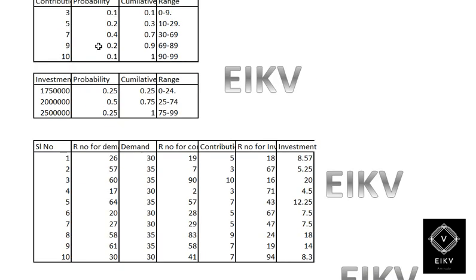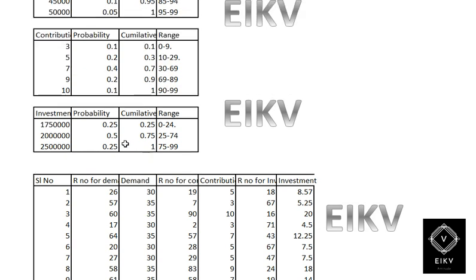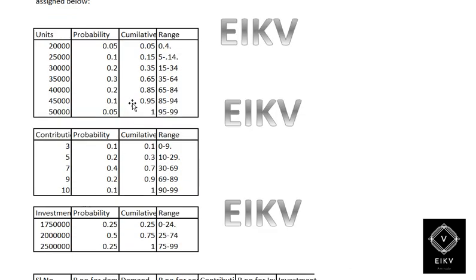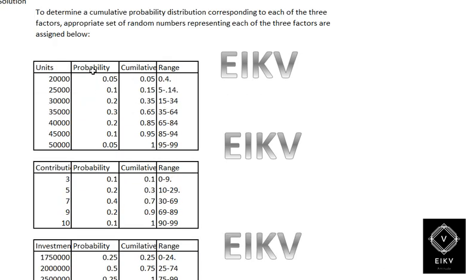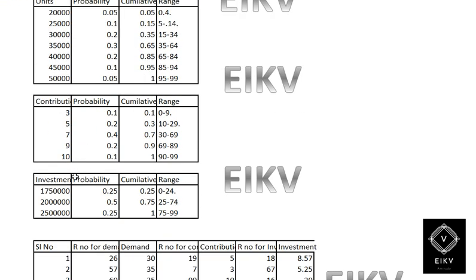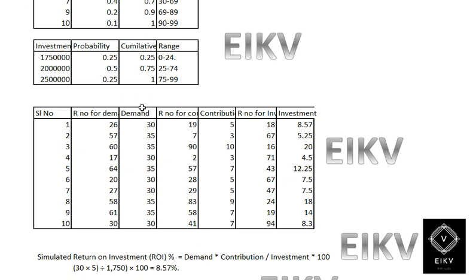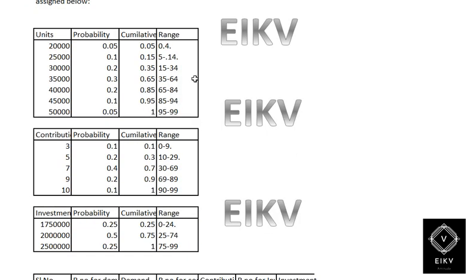After computing the ranges, we need to compare the random numbers with the ranges to find the respective units, contribution and investment amount. The first random number is 26, which falls in the range 15 to 34, therefore the number of units will be 30,000.